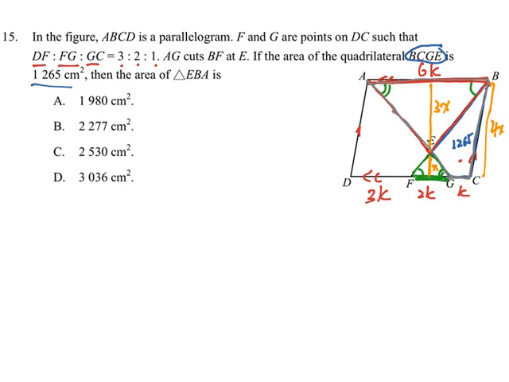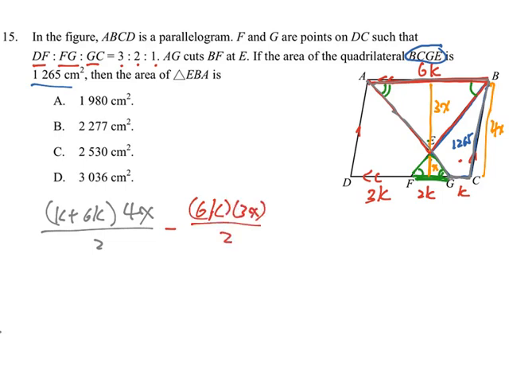So for the trapezium, it is k plus 6k, upper base plus lower base, times height 4x over 2. This trapezium, this gray trapezium minus the red triangle, which is 6k times 3x over 2, is equal to the quadrilateral, 1265.